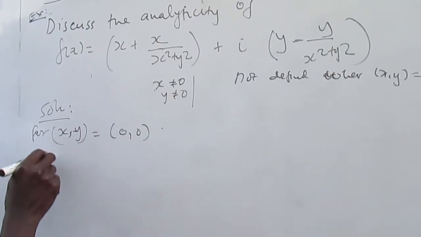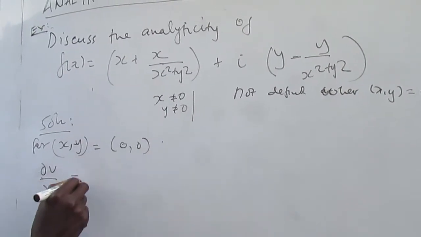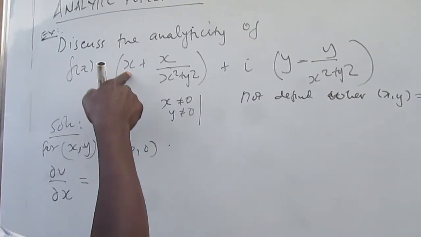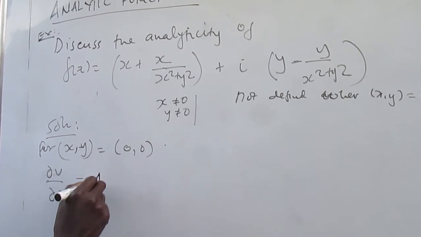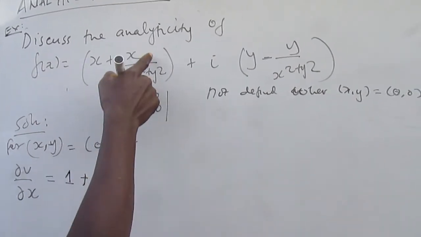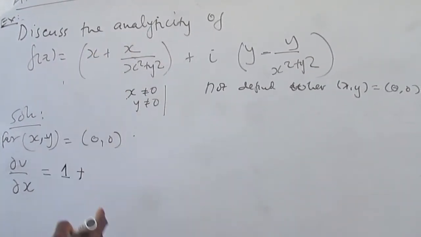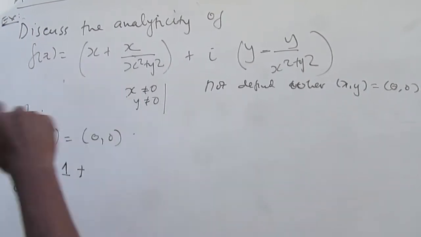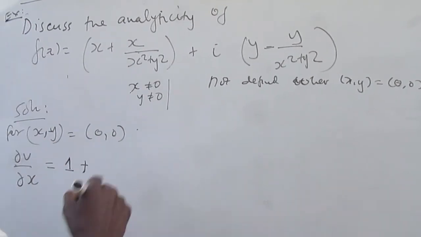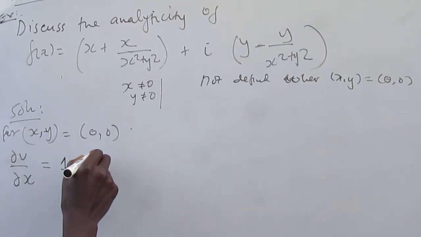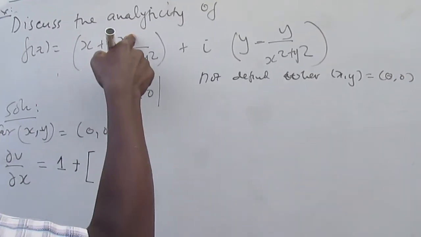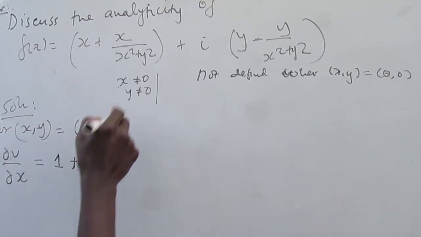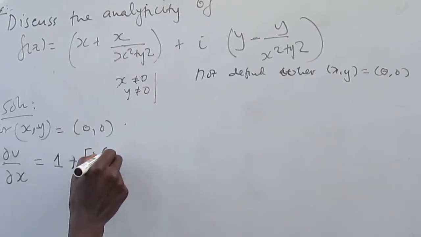So the first partial of u with respect to x will be the derivative of this with respect to x, which is 1, plus the derivative of this with respect to x. And for this we need to use the quotient rule. So first of all, we'll differentiate the numerator, get 1, then multiply by the denominator.